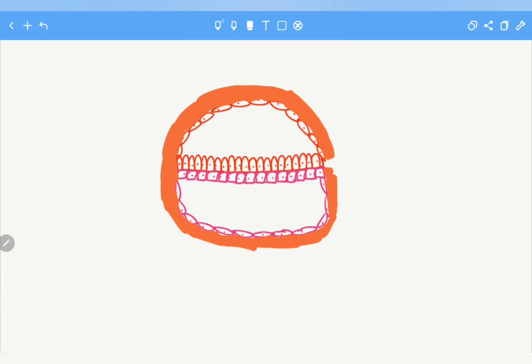Soon after, the extra embryonic mesoderm just starts splitting into two layers, like this, leaving a gap in between the two layers.